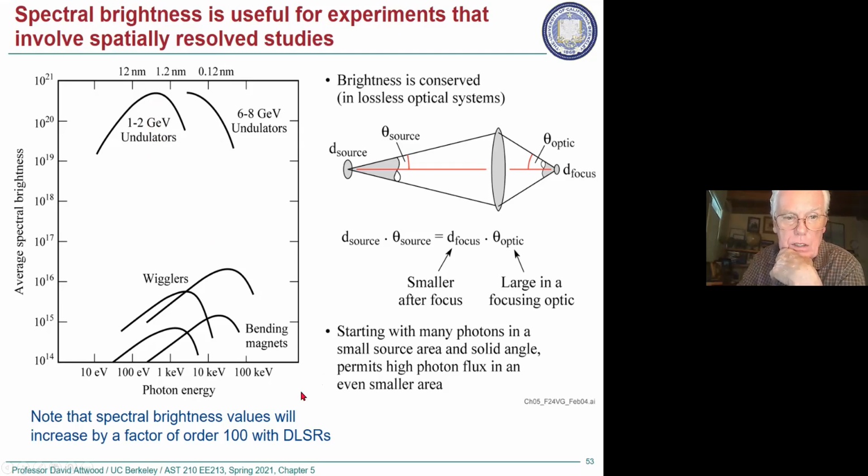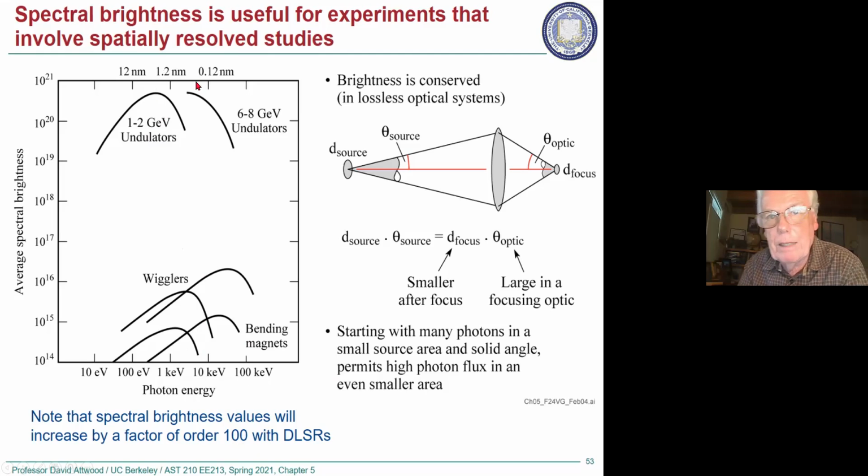And the biggest thing that's happening right now is that the facilities all around the world are doing an upgrade, and we'll talk about that a little bit in the next class probably, where they're going to make smaller values of sigma x and sigma y, and they're going to push these curves up. Basically, with the ALS, they're hoping to go up by almost a factor of 100. So their spatial coherence will go up, and their brightness will go up.